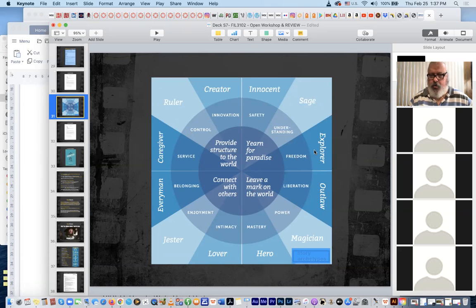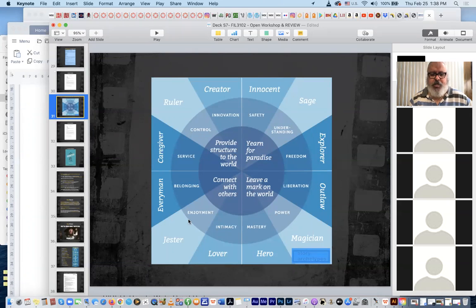Somebody who might be daring or willing to take risks, even though they're not specifically looking for something like an undiscovered land, could still fall under the explorer archetype because they demonstrate tendencies where that character is willing to step outside of their safety zone or step outside of their sphere of influence in order to gain more information or to advance their goal.